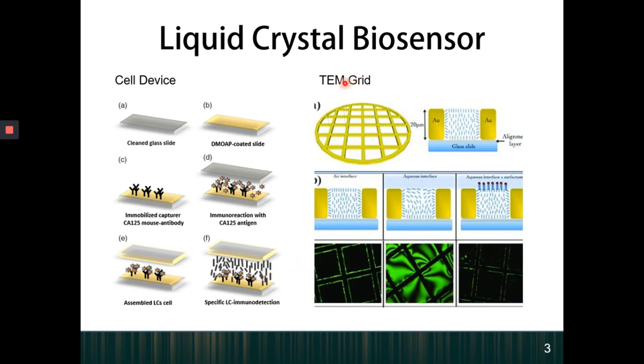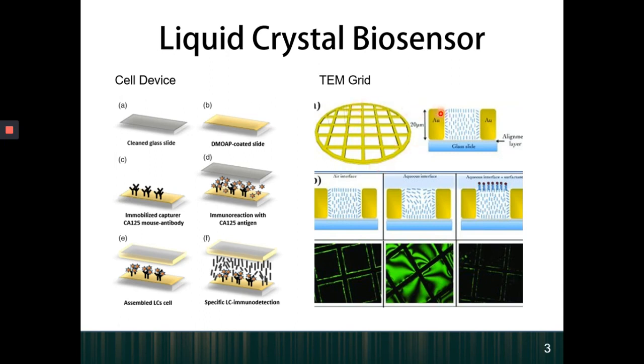Another is a TEM grid, because the liquid crystal has the property of flow. So the liquid crystal will flow anywhere if you don't keep some confinement here, and it is very hard for commercial application.